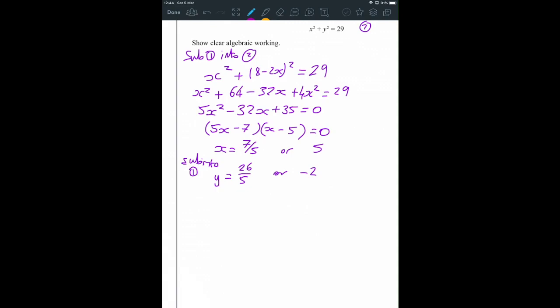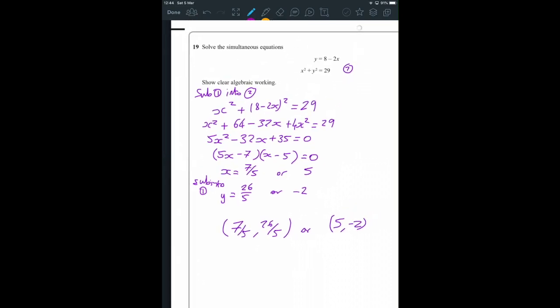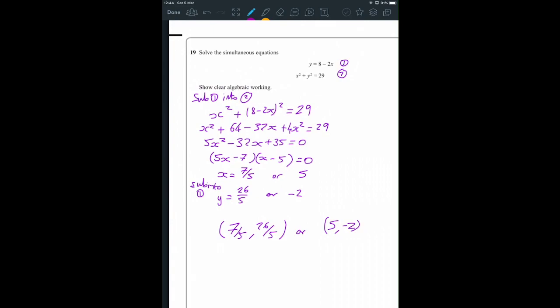I'm then going to make it really clear to the examiner what my solutions are. So I've got a solution of 7 fifths, 26 fifths, or a solution of 5, negative 2. And if I sub those in and they're correct for both equations, I know I have the answer correctly.